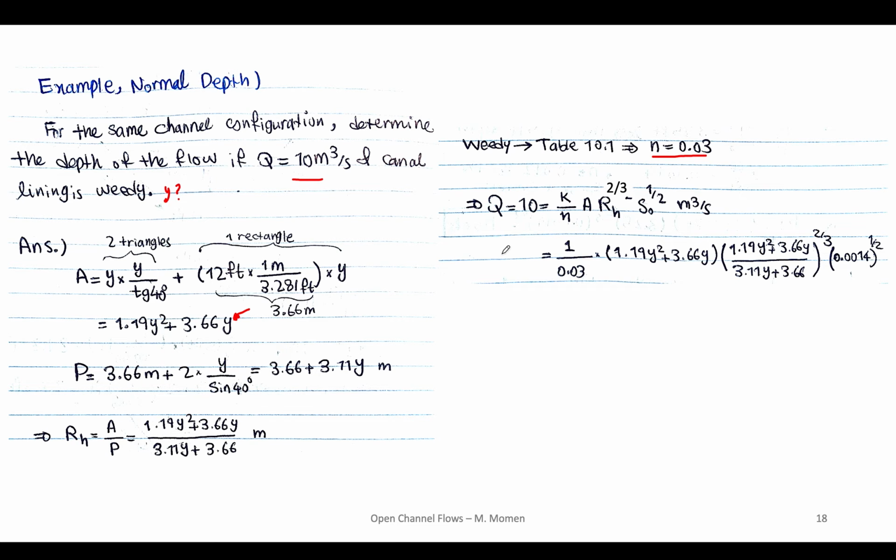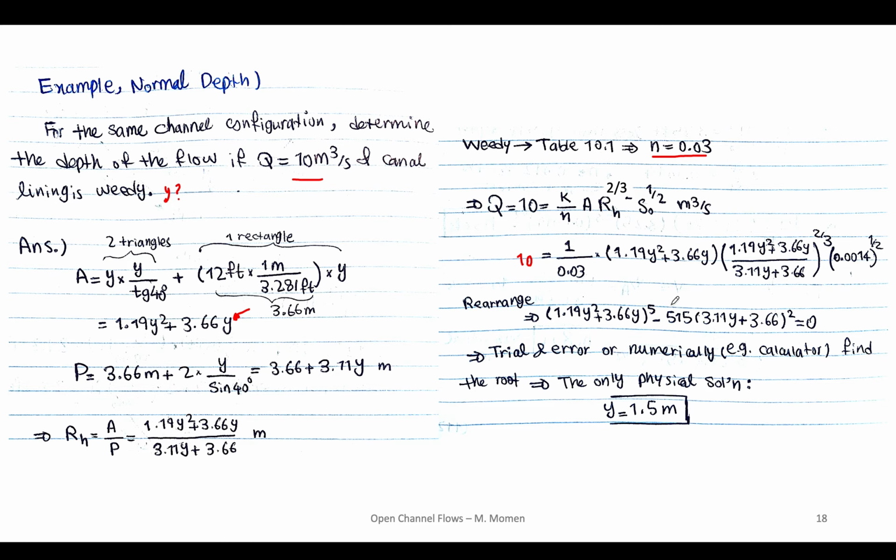So you see here we have this equation, and 10 equals this. So I can rearrange all these terms because the only unknown here is y. If I rearrange it, I will get this equation: 1.19 y squared plus 3.66 y to power 5, minus 515 times 3.11 y plus 3.66 to power 2, is going to be 0.